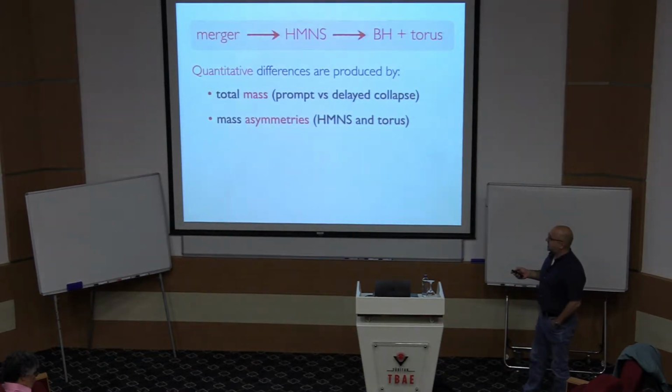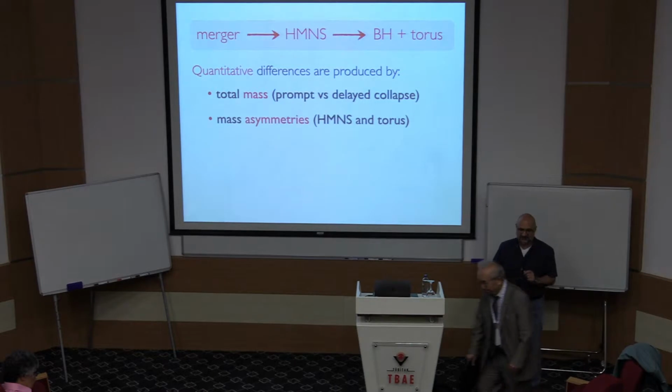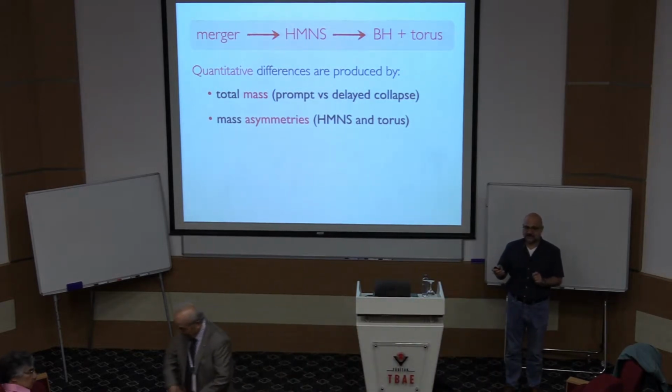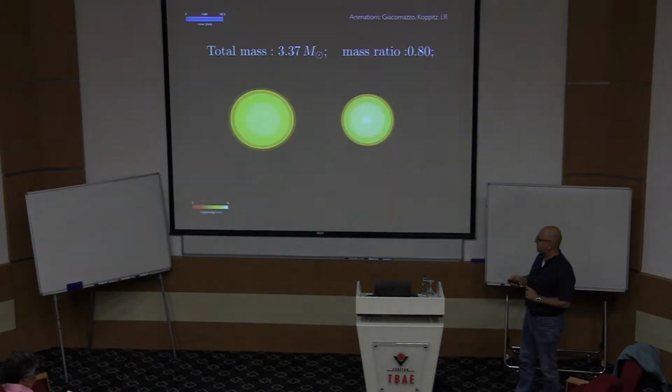There are other differences, and one of them is the mass asymmetry. Okay? In the first simulation I've shown you, and that simulation was not computer graphics, that was the solution of those equations that we have seen yesterday, the 2 masses were the same, but in general, you would expect that the 2 masses are slightly different, maybe 90% the same, but there might be a 10% difference in mass.